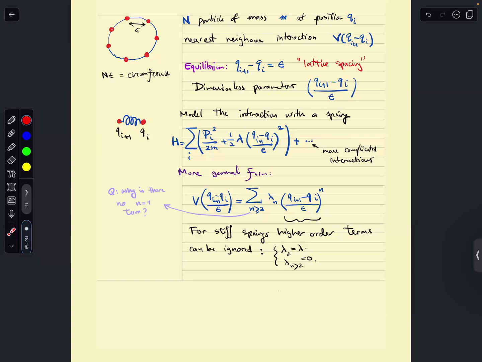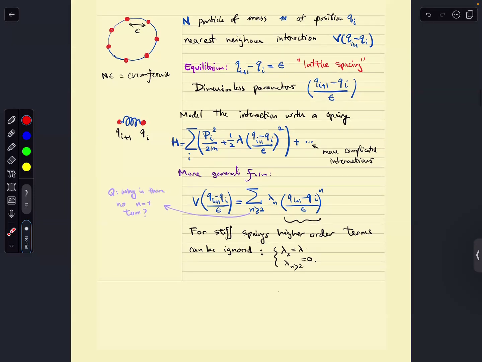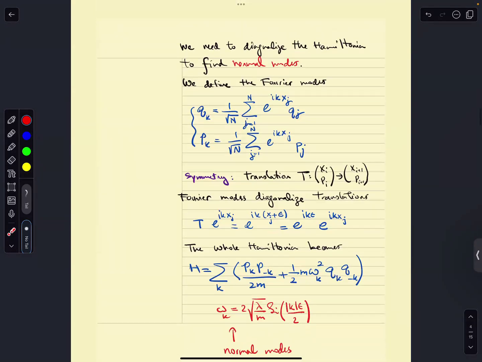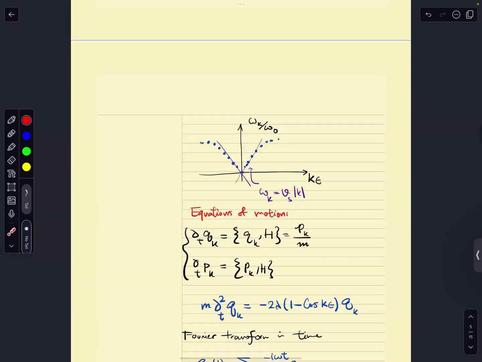First I Fourier transform in this variable, then I Fourier transform in time. I did it separately because I wanted to show you step by step what's going on. Time is continuous here, whereas the Fourier transform in space is discrete. That's why I did them separately.